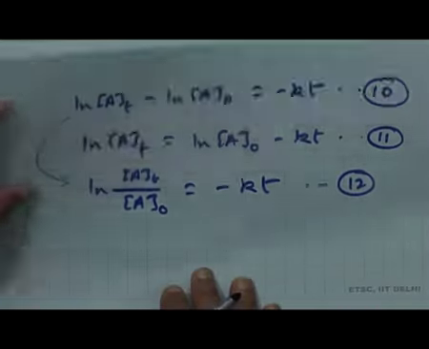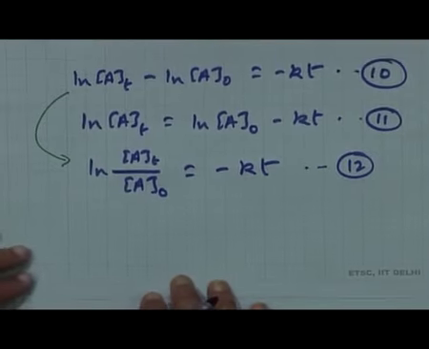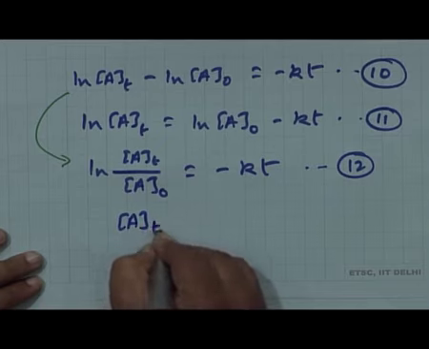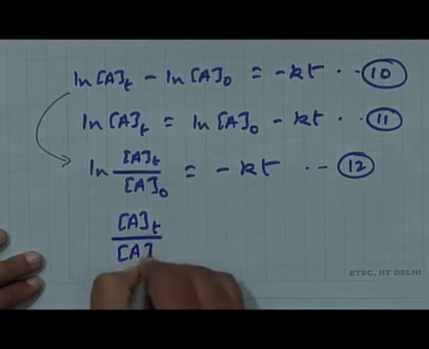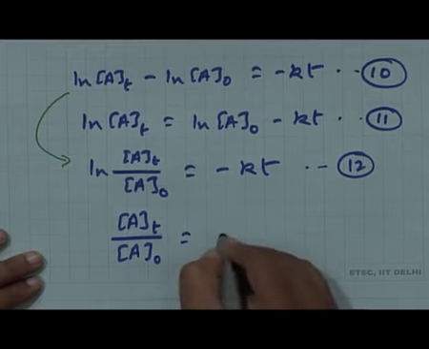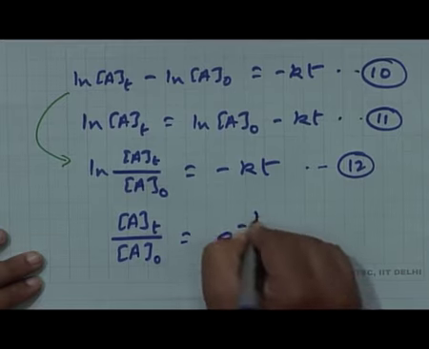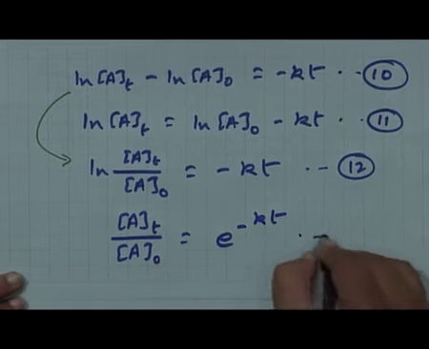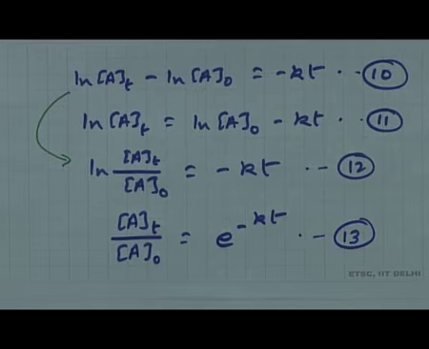And then what I can do is write A t over A naught is equal to e to the power minus K t, okay. Let this be 13.